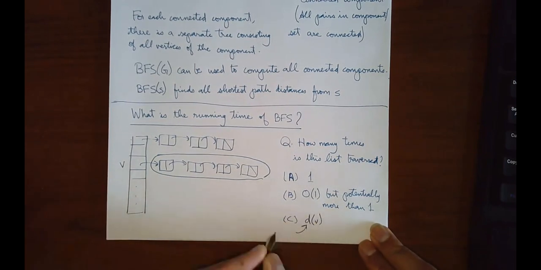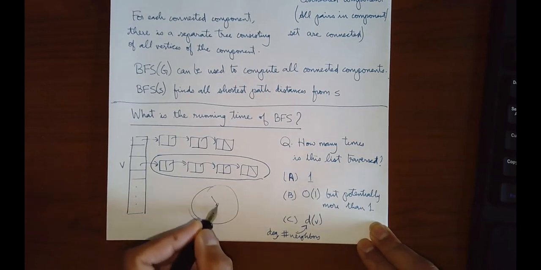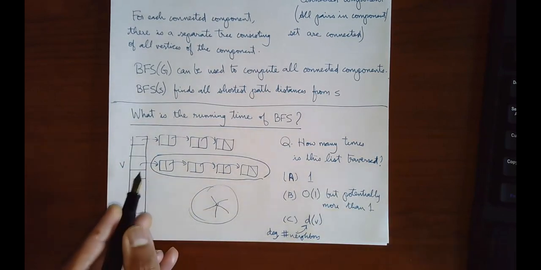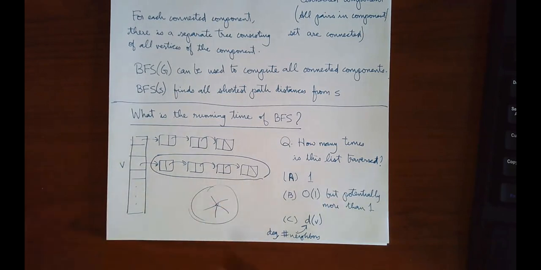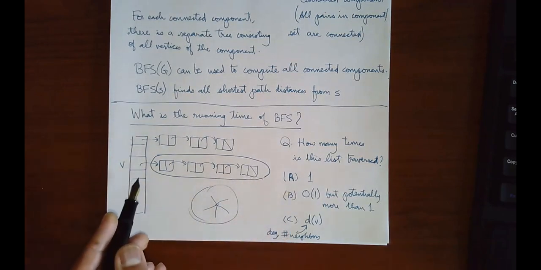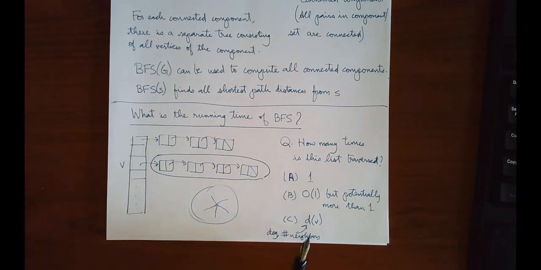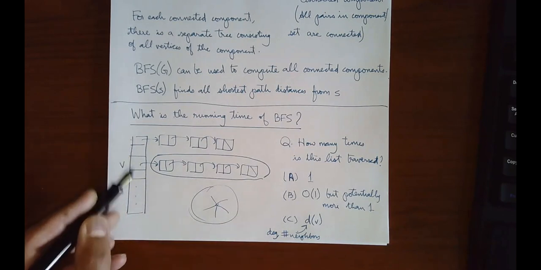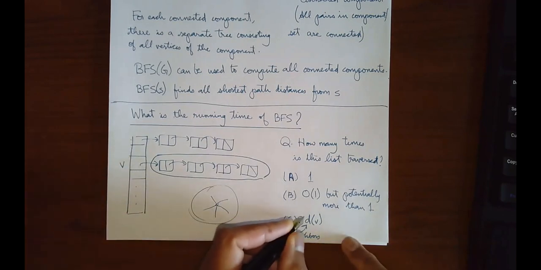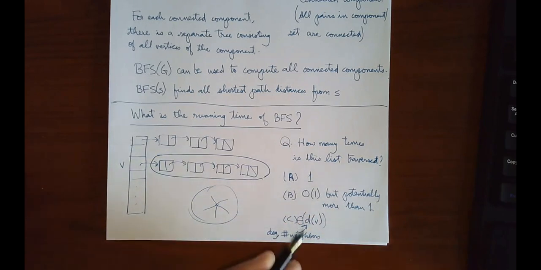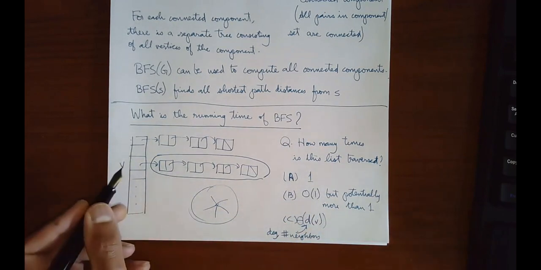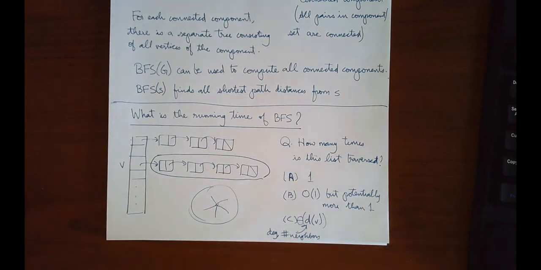Degree is the number of neighbors. So you've got this graph here, this is some vertex, it's undirected. Are we just going to traverse the list once? Are we going to traverse it a constant number of times, but probably more than once? Or are we going to traverse it proportional to the degree, theta of the degree of V, meaning for every neighbor we have to traverse this entire list? So I'll just launch this poll.